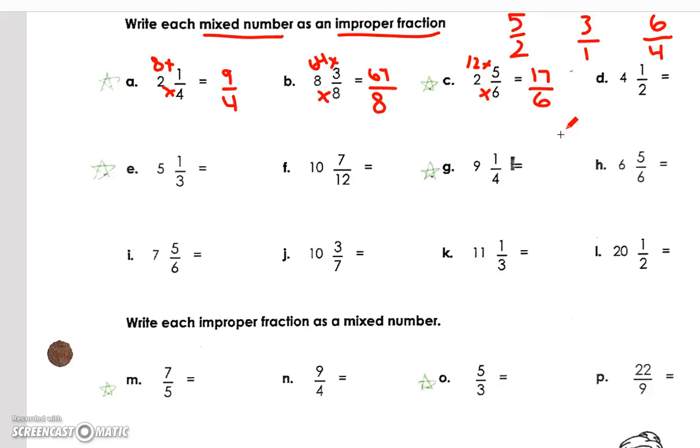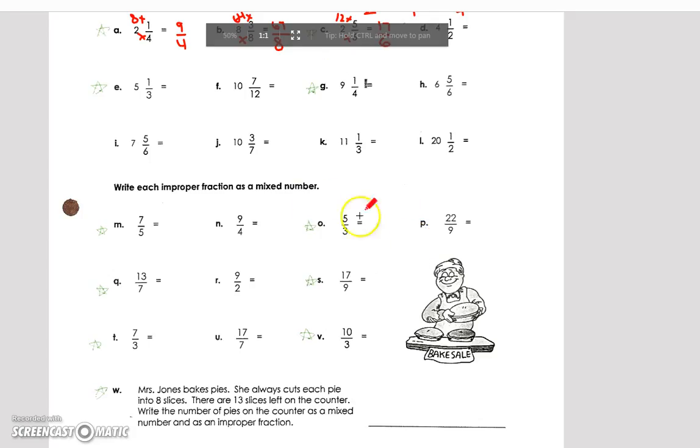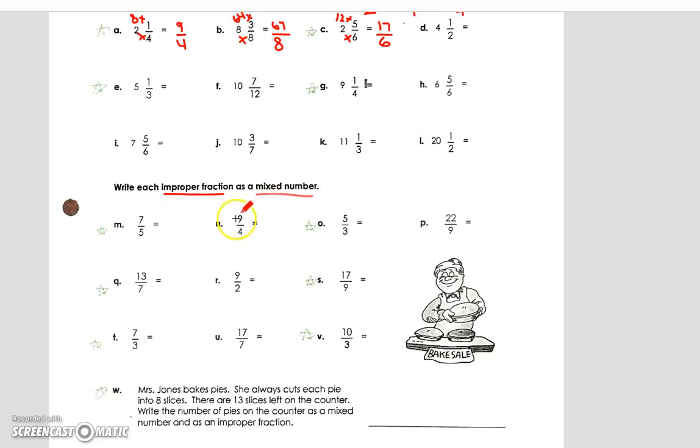So that is how you change a mixed number into an improper fraction. Now, to do the opposite, which is turn an improper fraction into a mixed number, we kind of have to do some reverse thinking. Take 7 over 5. I've got to think about how many times our denominator, in this case 5, fits into our numerator 7.